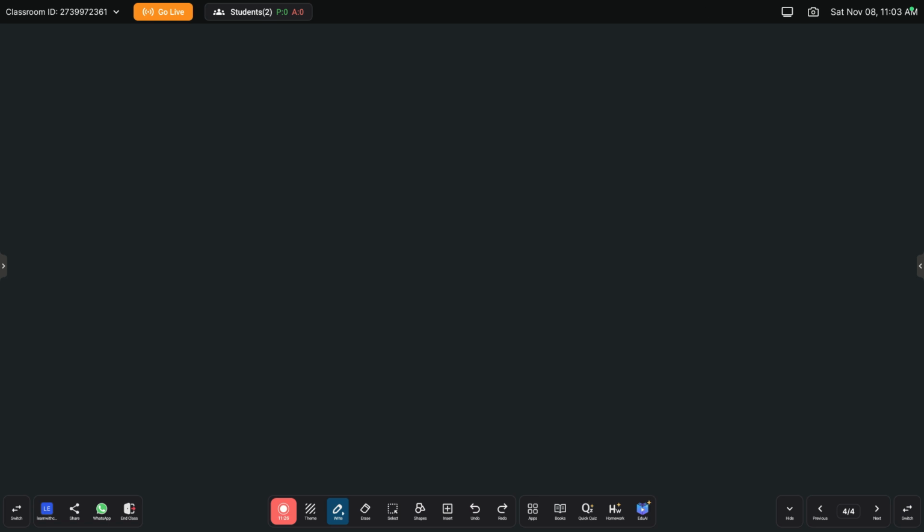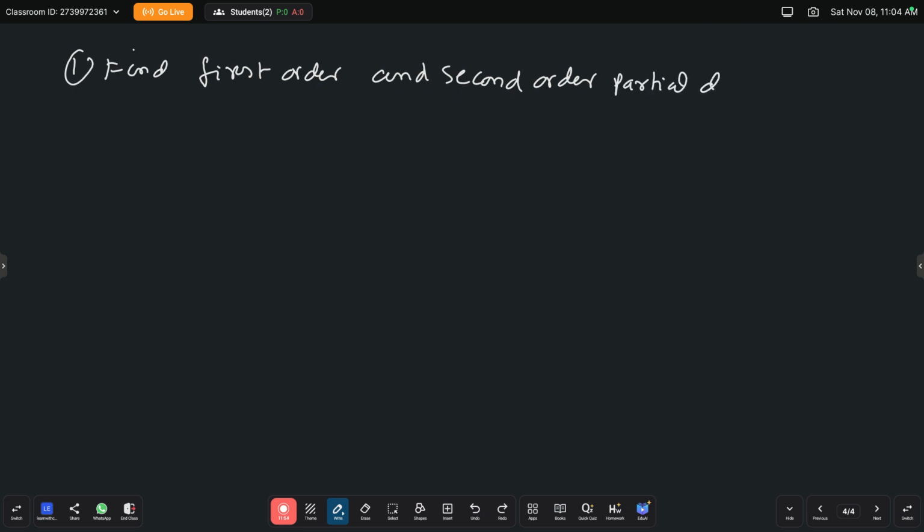Now, how to solve the problems of partial derivatives? Find the first order and second order partial derivatives of ax² + 2hxy + by².